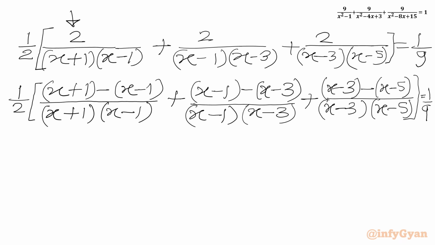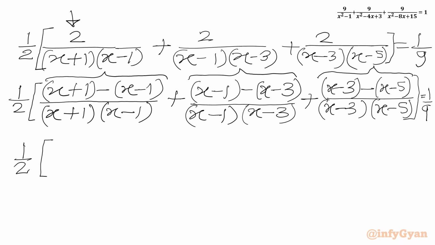Now we will split our numerators with respect to their denominators. So we will write half in bracket x plus 1 over x plus 1 times x minus 1. X plus 1 will be over. We will write 1 over x minus 1 minus x minus 1 over x plus 1 times x minus 1. X minus 1 will be over.